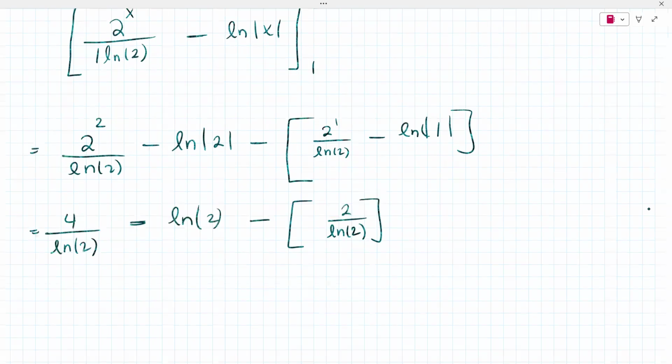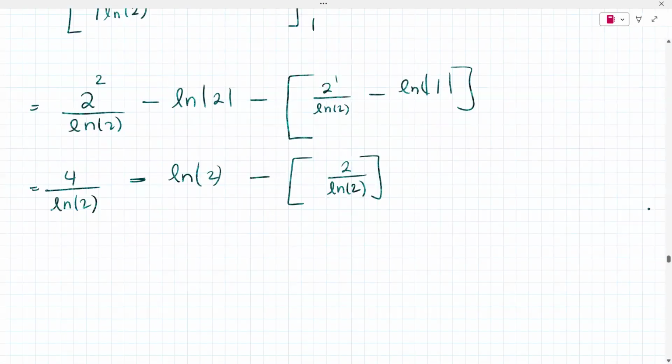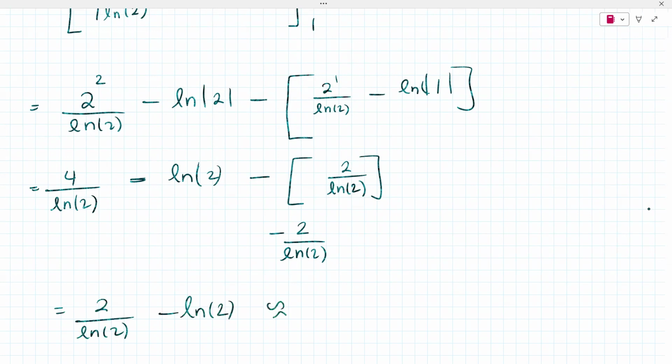Oh, and then distribute the minus to this. This is going to be minus 2 over ln of 2. And then you can combine like terms. 4 over ln of 2 minus 2 over ln of 2 is 2 over ln of 2, minus ln of 2, which is approximately 2.192. So you can use the exact value, or you can use the decimal.